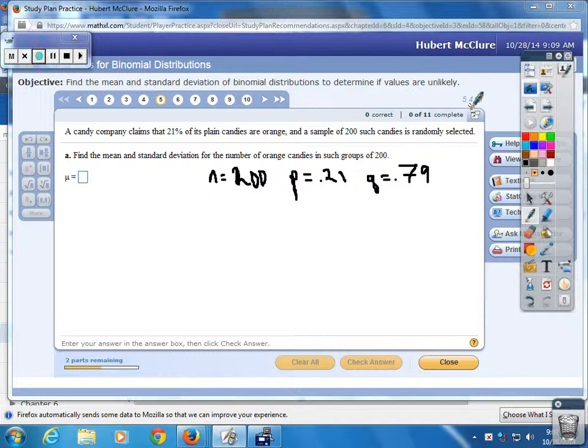So what's 20%? 40. All right. What's 1% of 200? It's 2. All right. So I would be willing to bet you that N times P is 42. It's a miracle. So 42 is our what?